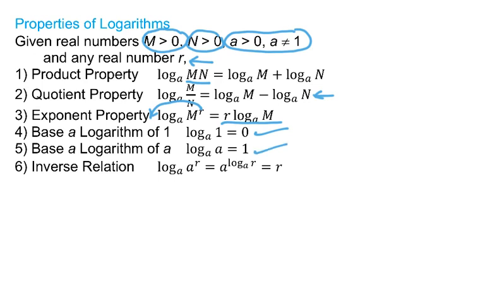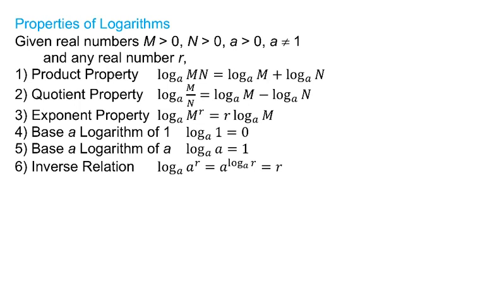And finally, an inverse relation that says, and this one looks complicated, but turns out to be just oh so easy, the logarithm base a of a to the r is the same as a raised to the logarithm base a of r, and both of those equal r. The r that's here and the r that's there. Now, again, in some future videos, there's going to be illustrations of how every one of these properties works and what you can do with them.